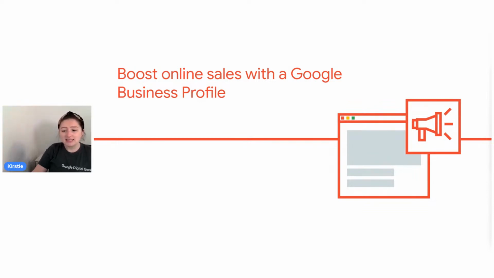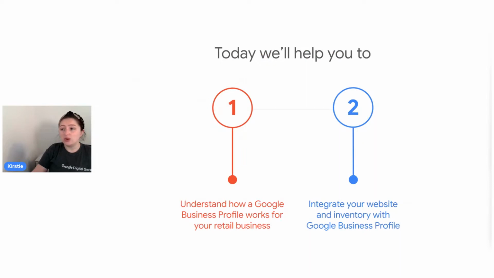So we're going to break today's session into two clear sections. We're going to start with thinking about the Google Business Profile itself. How does it work? And if you're a retail business specifically, an e-commerce site that has something to sell, rather than being service-based. So we're really focusing this 15 minutes on products rather than services.